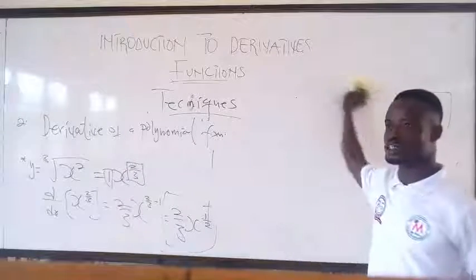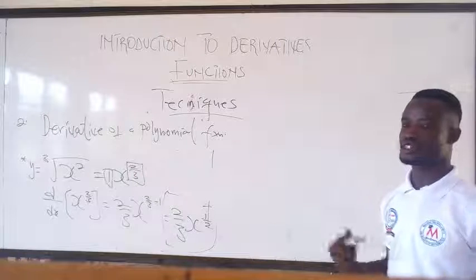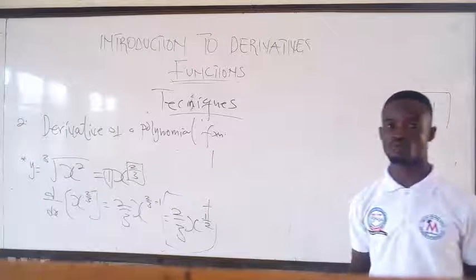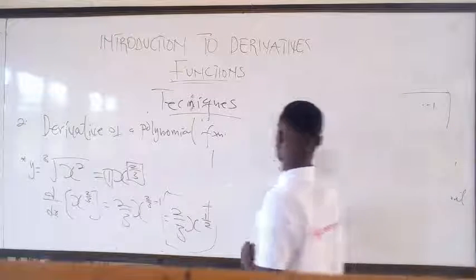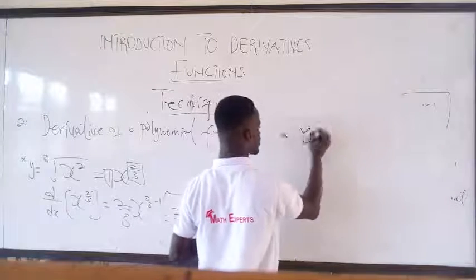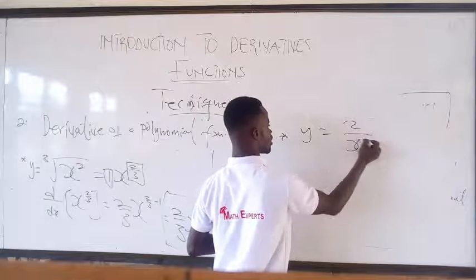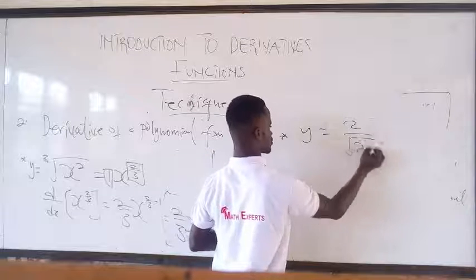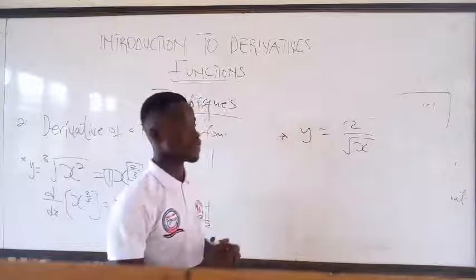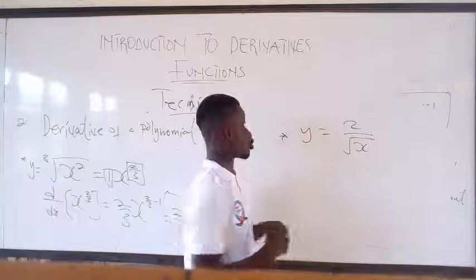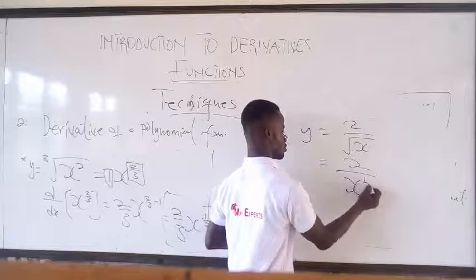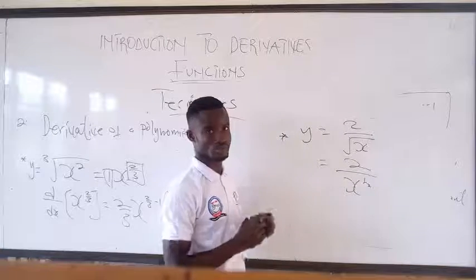We have to explore in solving more questions, okay? As a mathematics student, your only weapon is solving more questions. We can also get y is equal to 2 over square root of x, something like this. First of all, you know this can be written as that, right?